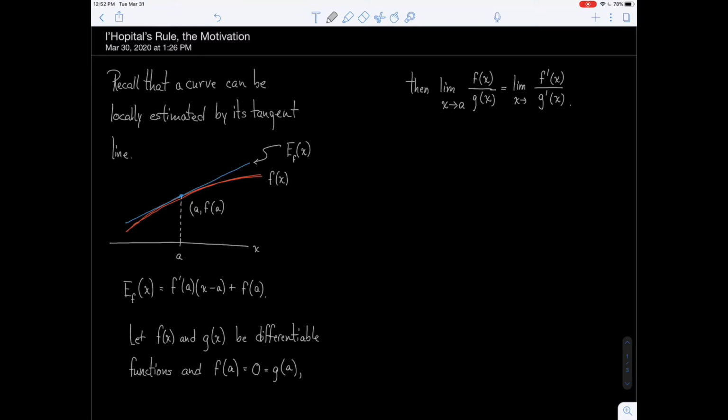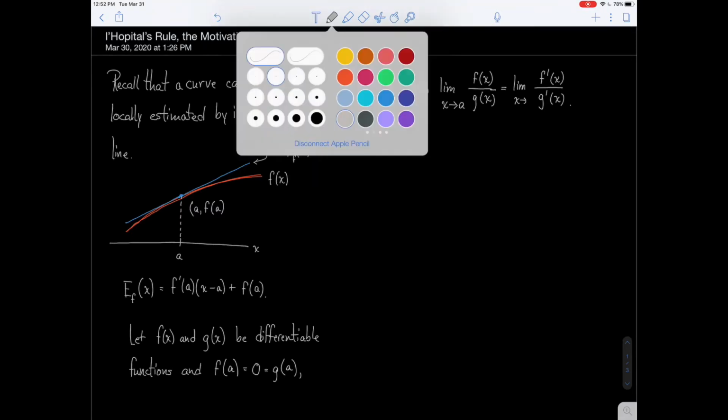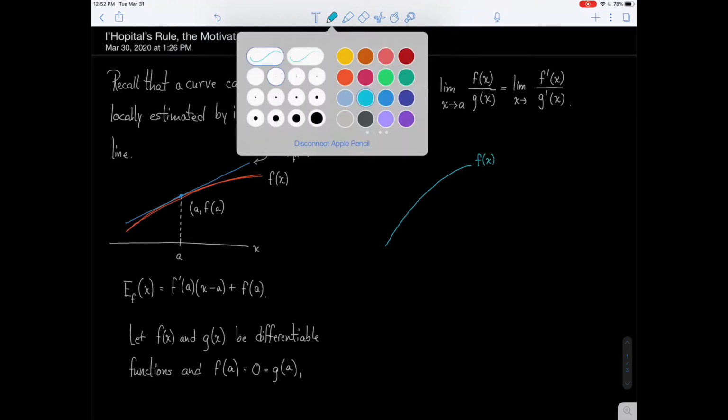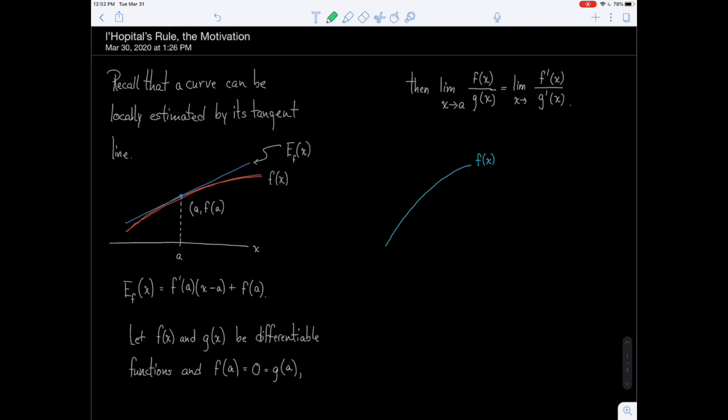So let's take a look and see if we can see why that might be. So here we go. I'm going to draw two curves. I'll do these in different colors so we can distinguish them. So I'm going to make a steep curve, we'll call that f of x. And that's a nice pretty blue. And then we'll have a green curve. It'll look like this.